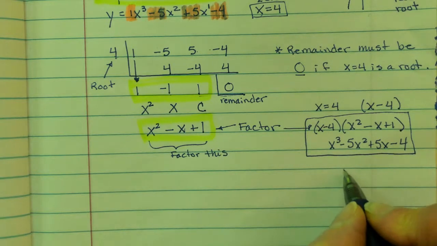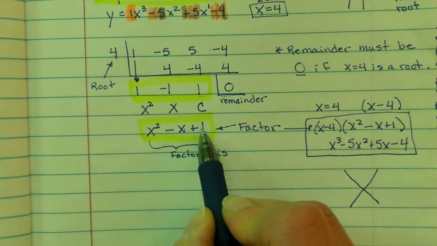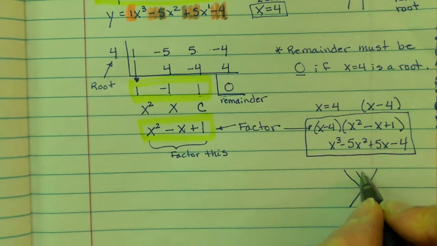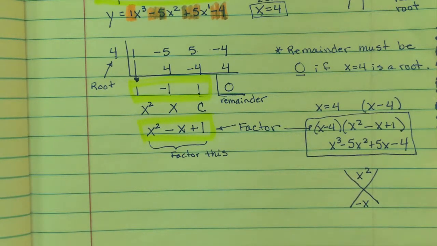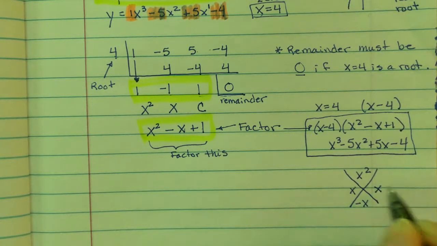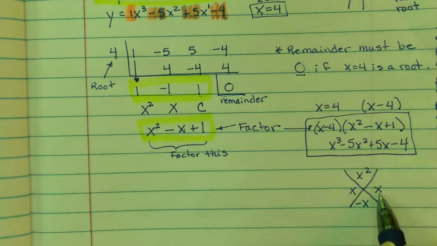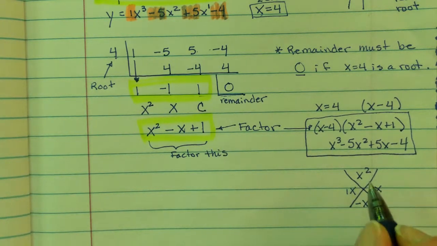So I'm going to set up my x thing. I'm going to do the first times the last, which gives me x squared, and I have negative x in the middle. So I know my factors of x squared are x times x. But these two have to add to negative 1x. If I have 1 and 1x, it multiplies to x squared, but it doesn't add to negative x.